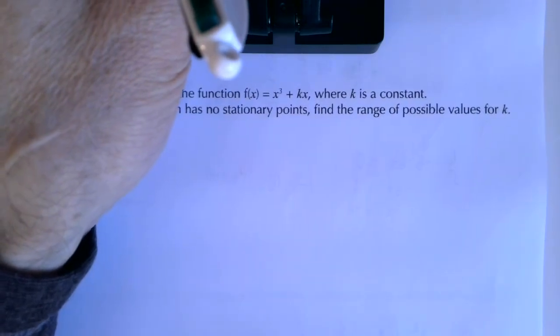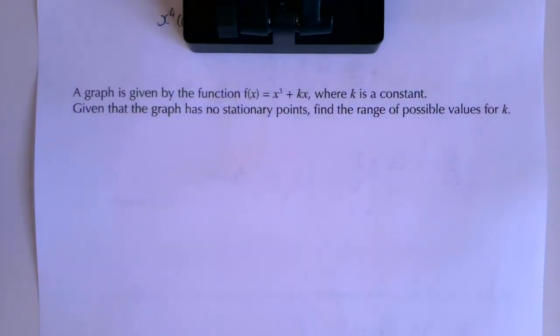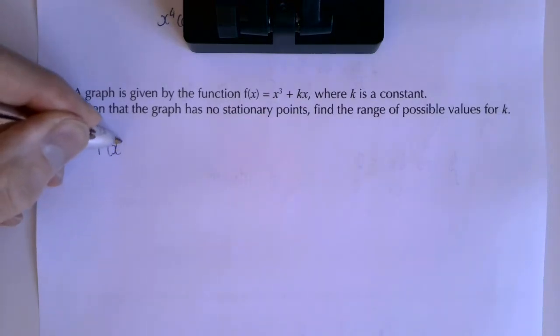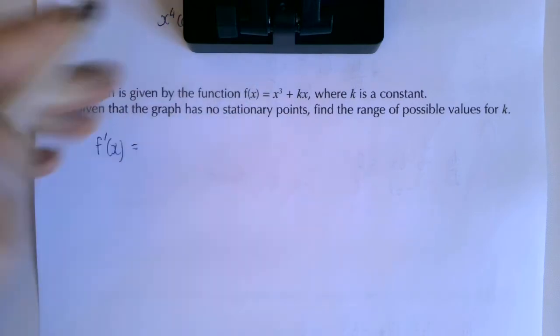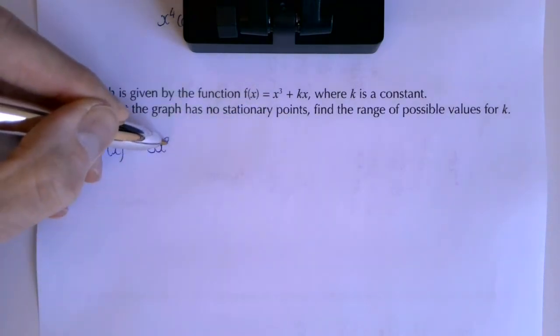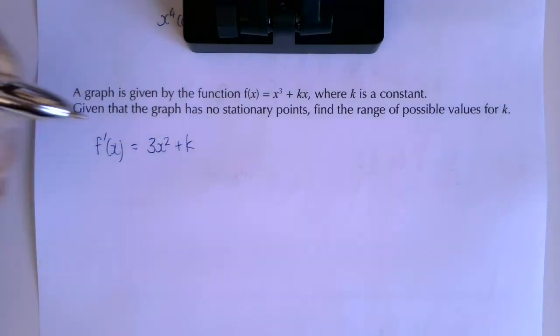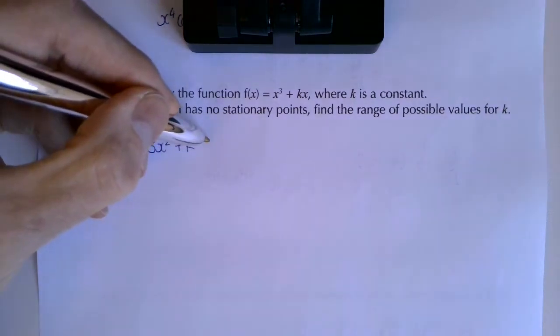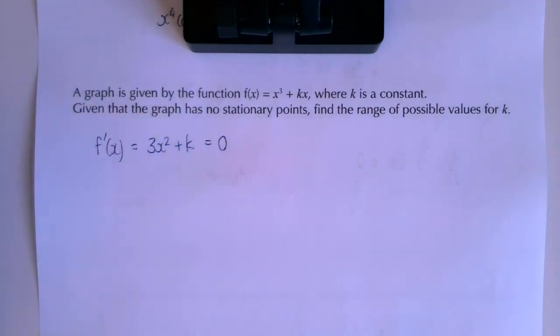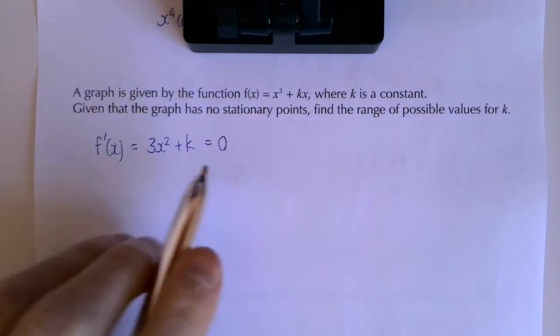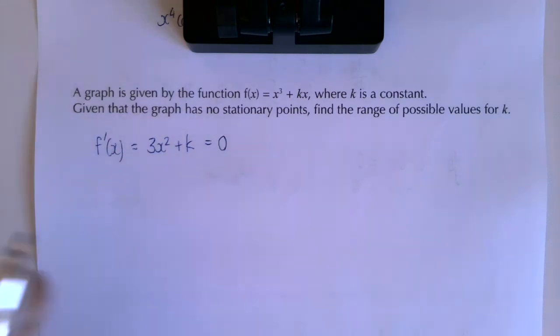Similar sort of question, another graph where we've got no turning points and we've got to find the value of a missing letter, k in this case. So okay, let's start by differentiating. So that's going to be 3x squared plus k, and there are turning points when that equals 0, but I've got to show that there are no solutions to that equation.